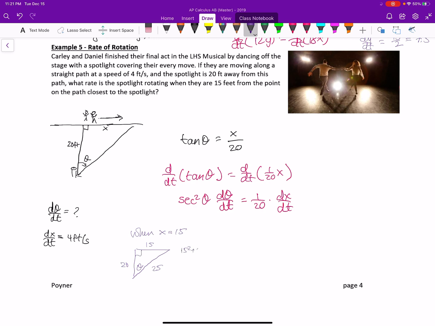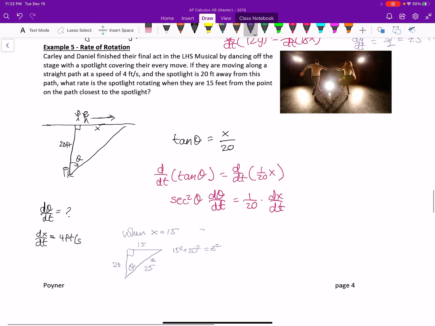You would do 15 squared plus 20 squared equals whatever this is, let's call that z. So z squared gives me 25, so z is equal to 25. If you can see that it's a 3, 4, 5 triangle, awesome.